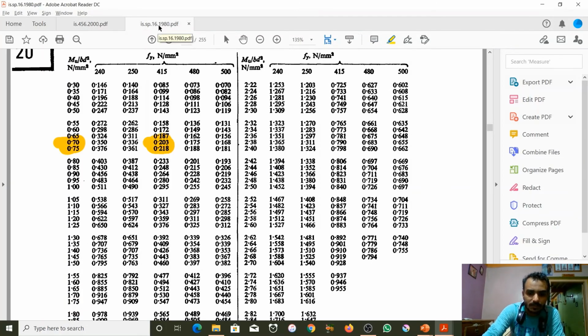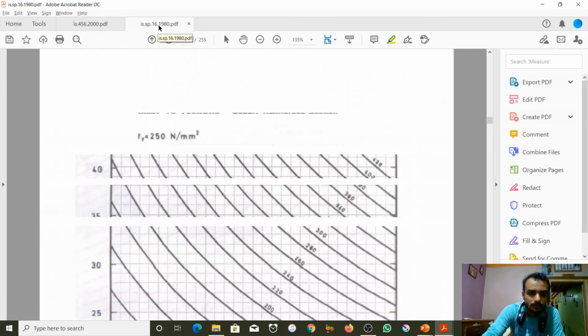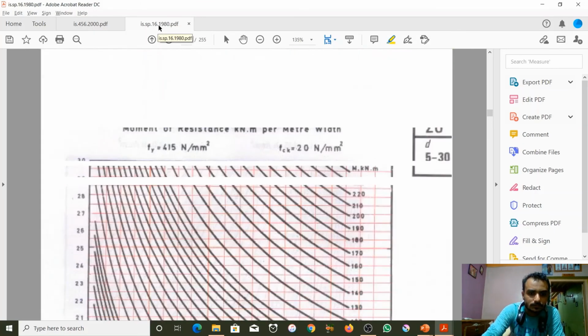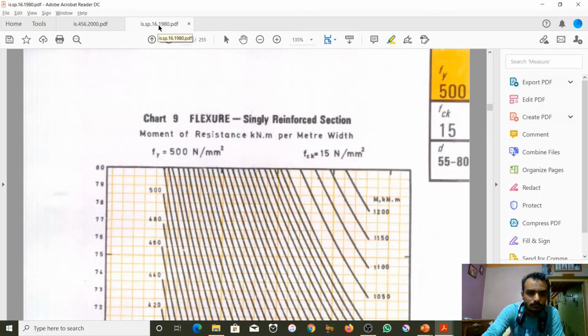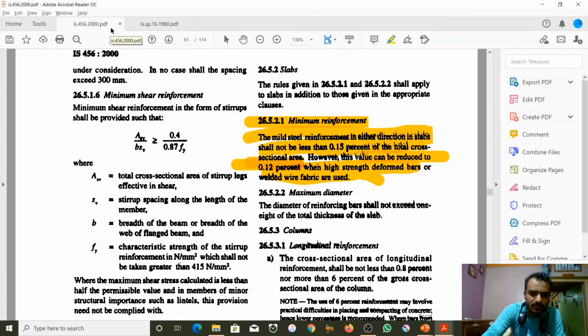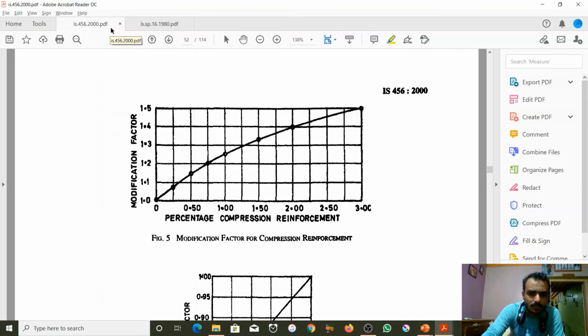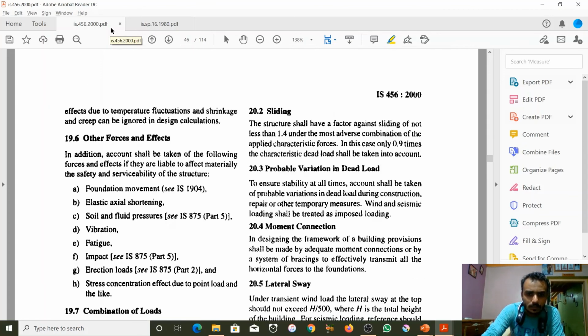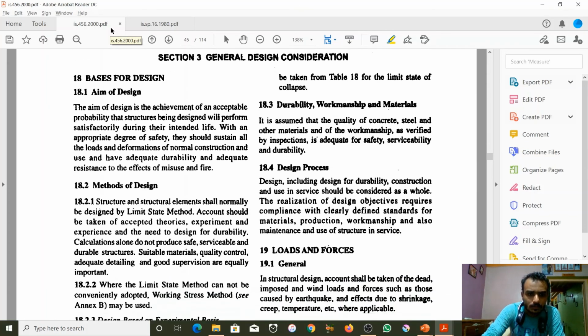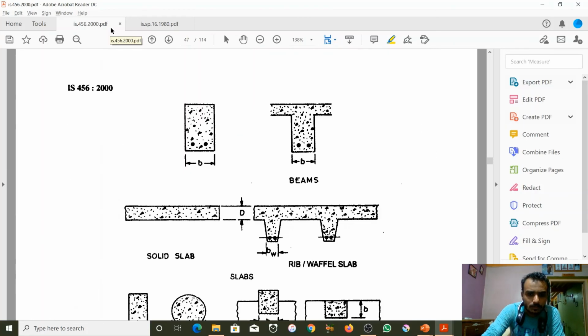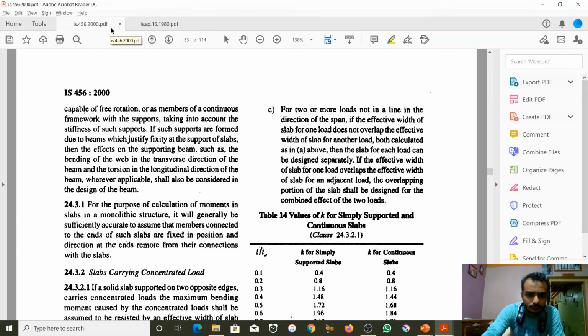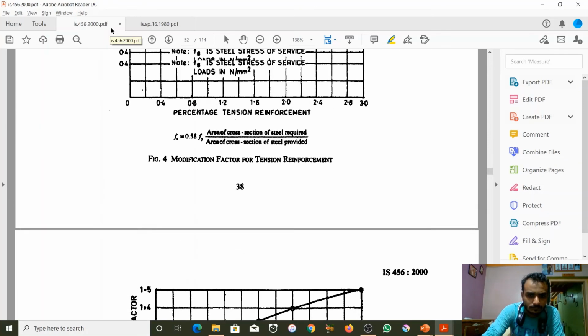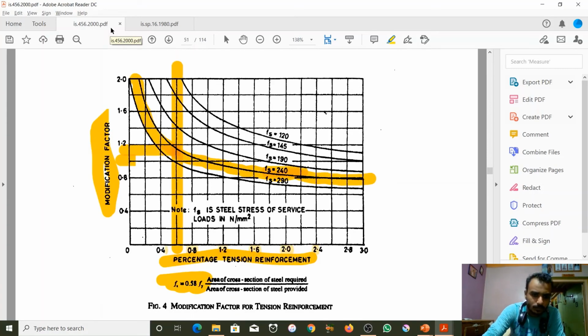SP 16, page number 38. In this data, we have a modification factor.